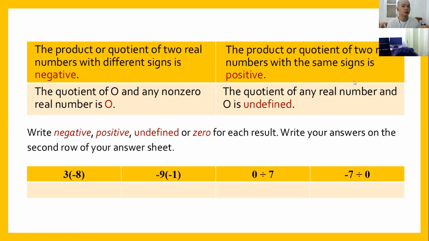You can write the answer on your whiteboard, Crystal. Just tell me what it will yield. Will it yield negative, positive, undefined, or 0? Or you can just say it.